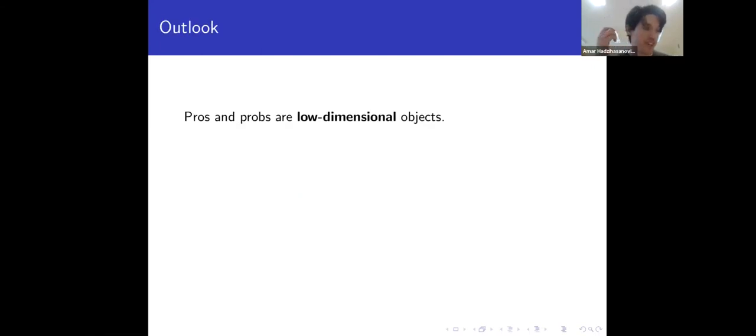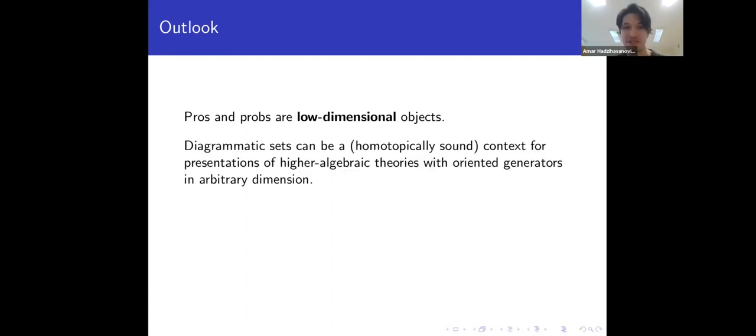And to really conclude now, another direction we can take this is to say, well, we're now thinking about PROs and PROPs and monoidal theories and braided monoidal theories, and we can see these as low-dimensional objects. But in diagrammatic sets, we're not constrained to only thinking about presentations of low-dimensional things.